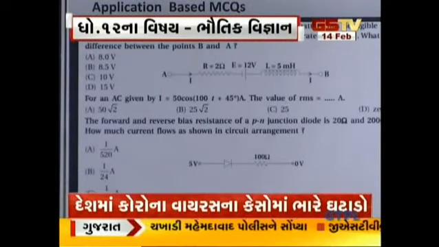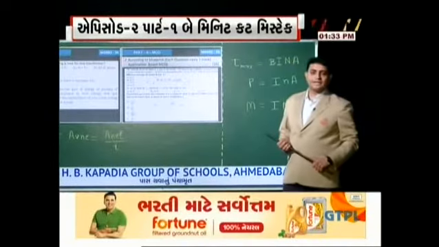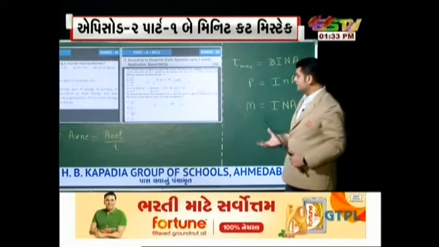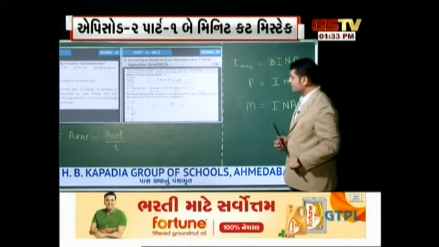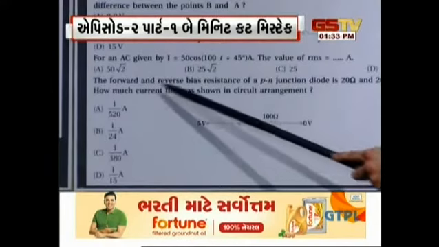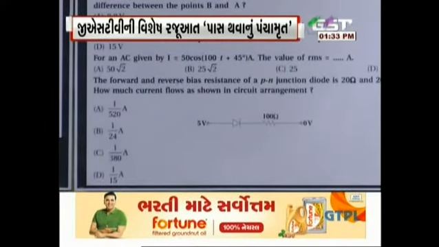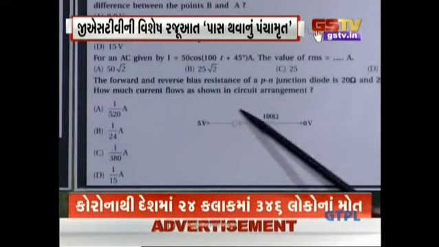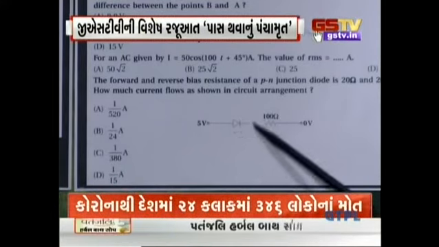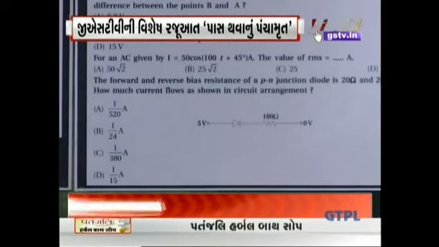The next question is based on chapter number 14. It is based on the PN junction diode, and here they are trying to confuse you with some extra data. Let's see. The forward and reverse bias resistance of a PN junction diode: this is called a diode, a PN junction diode. Forward bias condition means what?